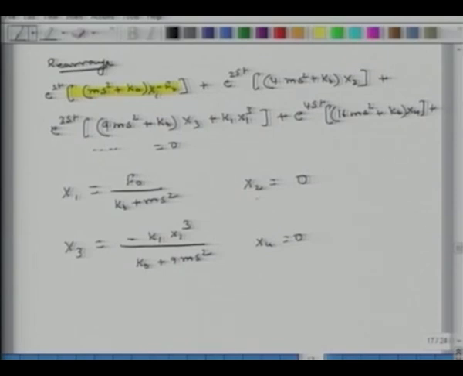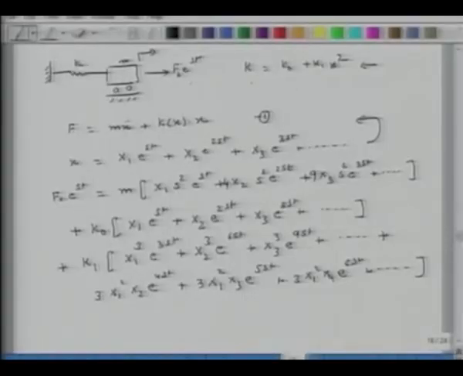In reality, the system is not only dependent on x square, but also on x cube, x, and all powers of x. Stiffness by itself is dependent on the 0th order, square, 4th term, 6th term, and so on and so forth.